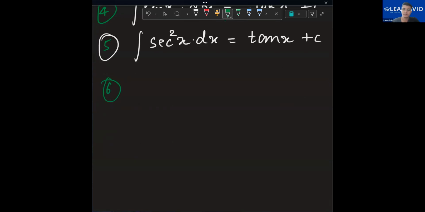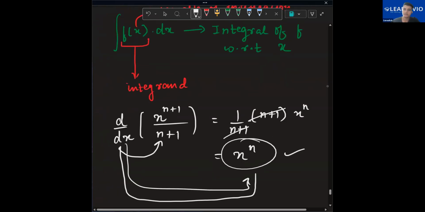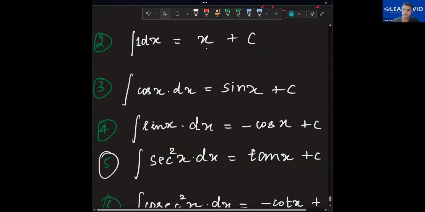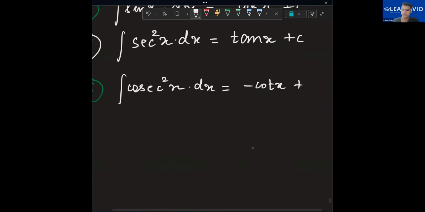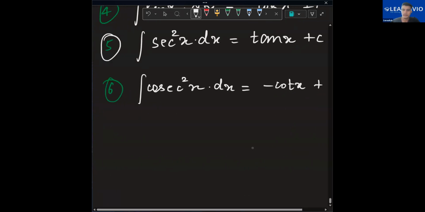And for the sixth, you have the integration of cosec square x dx. So इसका होता है minus of cot x. साथ साथ आप याद करते जाओ इन सभी को, because we are going to use all these formulas in a question while solving.